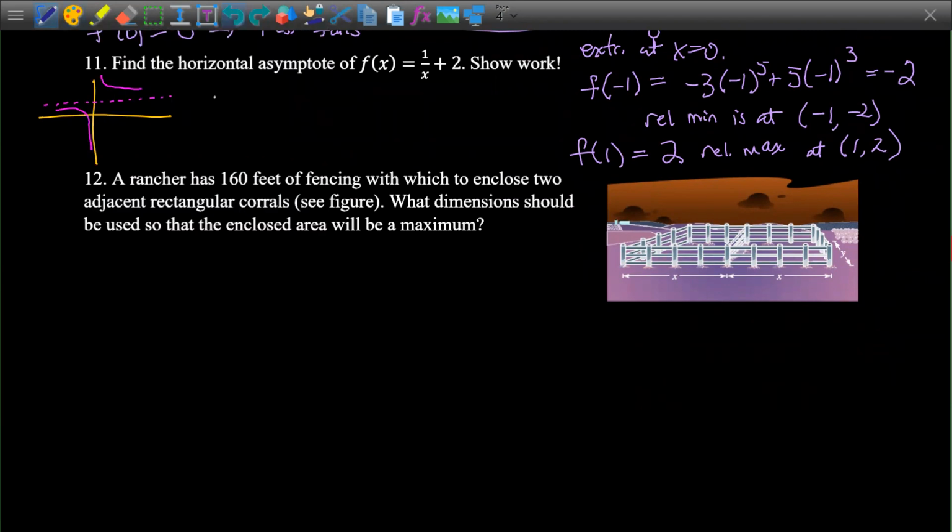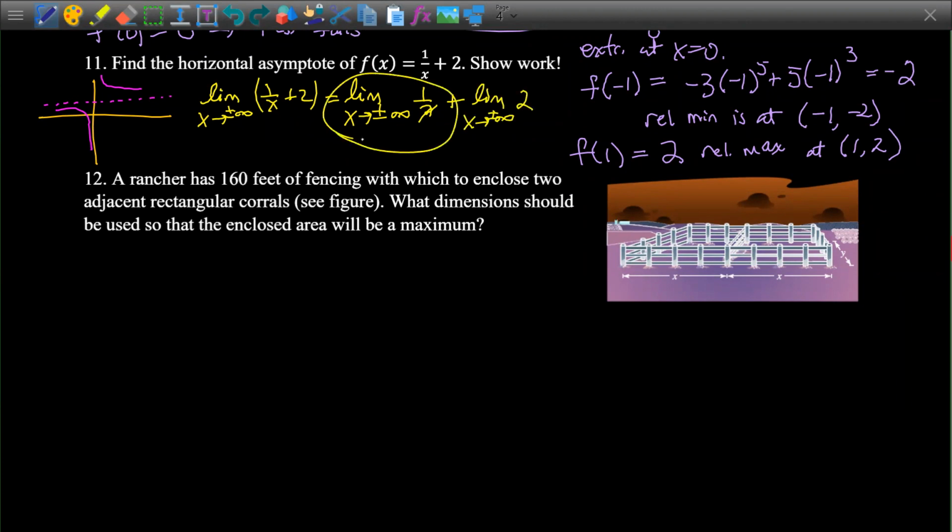And this basically amounts to finding the limit. I'll put plus or minus infinity here of f of x, which is 1 over x plus 2. So this is the limit as x approaches plus or minus infinity of 1 over x plus the limit of 2.